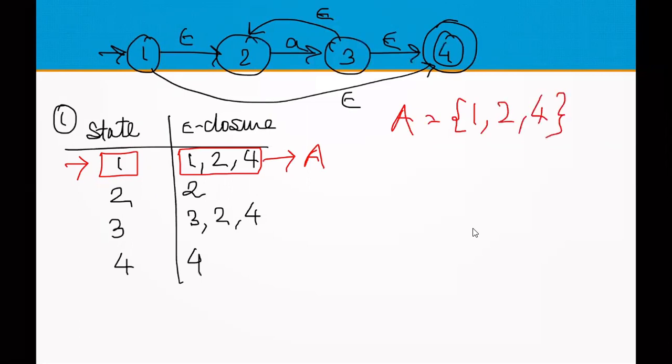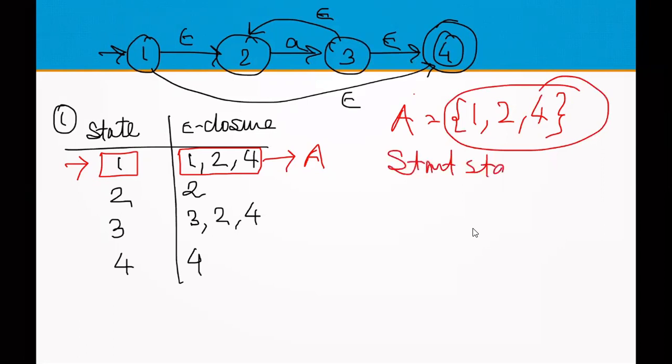So this new state A is actually the set of the states 1, 2, and 4 of our NFA. This whole thing would be the start state of our DFA. So we have done the second step.